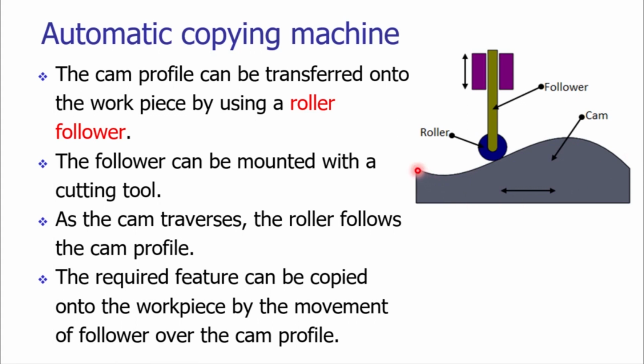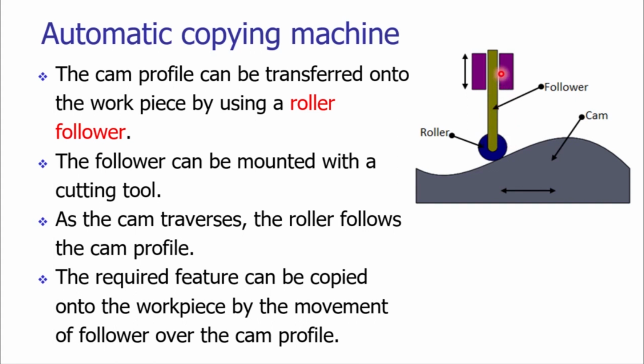So we can easily generate the cam profile by having the translatory motion due to the translatory motion of the cam itself. The follower can be mounted with a cutting tool. As the cam is traversing, as the cam is moving, the roller is following the cam profile.